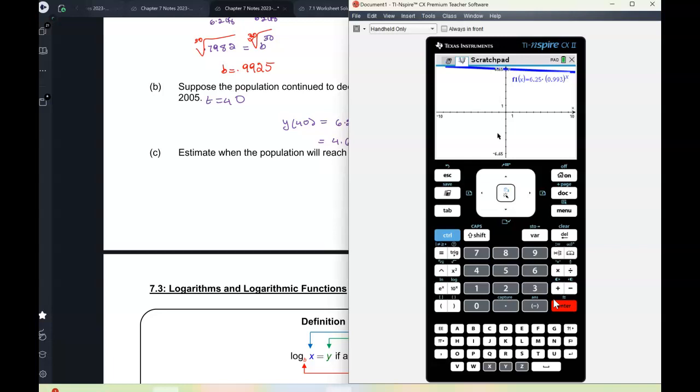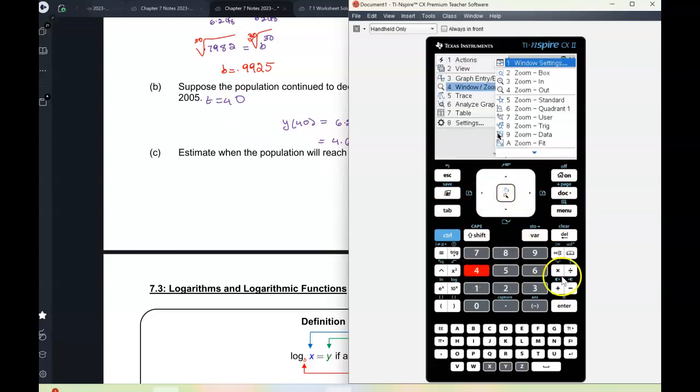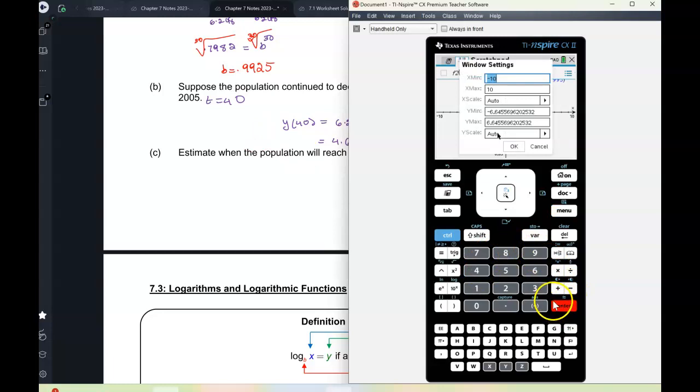So it says estimate when it'll reach about 4 million. All right, so let's fix the window a little bit. So in Window settings, I want to go X max from 0 to about what?